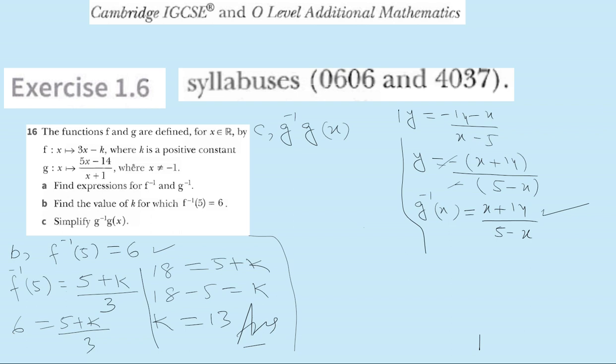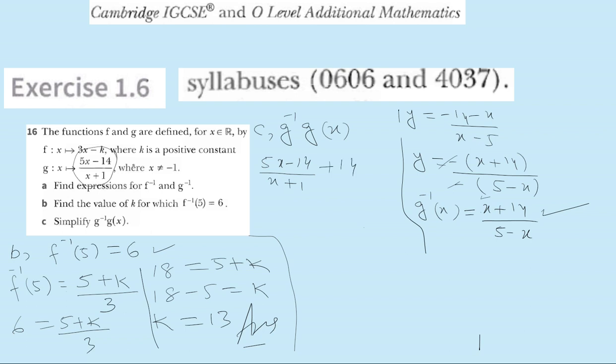So replace this x by the whole function Gx. This is your Gx. So replace this x by 5x minus 14 upon x plus 1.